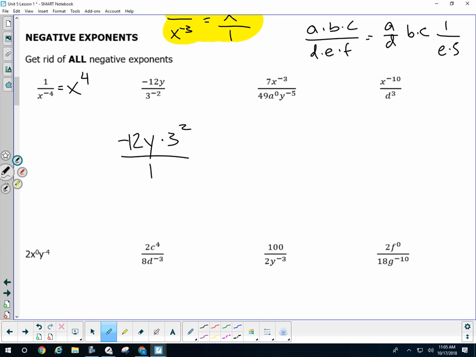I can separate things out. I can multiply things in any order. We don't have to worry about the -12 being on the left and the y being in between. The -12 is not married to the y. It's -12 times y times 3 squared.